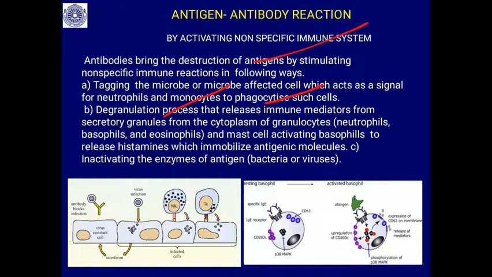You will find how exactly the natural killer cell or a T lymphocyte can see the antibody-tagged or infected cell and destroy it. Or the degranulation process, which means release of immune mediators or cytokines or secretory granules from the cytoplasm of granulocytes, neutrophils, basophils, eosinophils and mast cells, activating the basophils to release histamines which immobilize antigenic molecules.